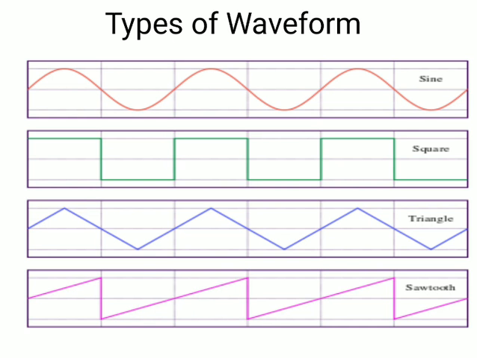Now the next one is the types of waveform. We have seen the waveform, but there are different types, and the type depends on the shape of that waveform. The first one is the sine waveform, the most common waveform. The second is the square waveform, where the shape is square, as you can see in the diagram.